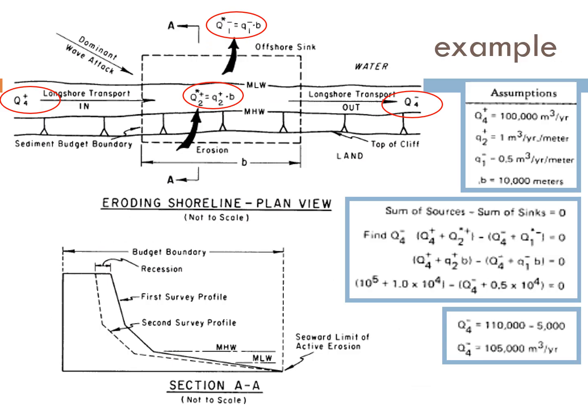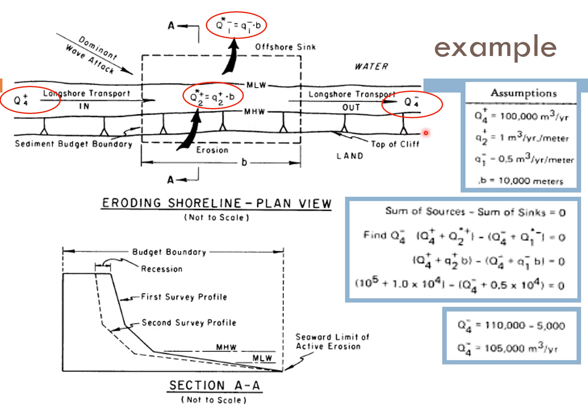This is another example. The dash box here is the area that we are interested in. This is the seaside with dominant wave direction from here. This line represents the offshore limit. We have the mean low water line and the mean high water line.